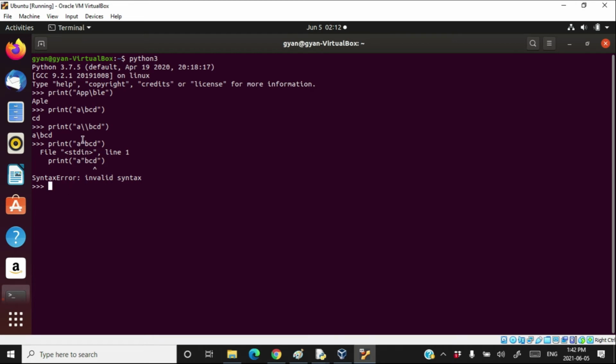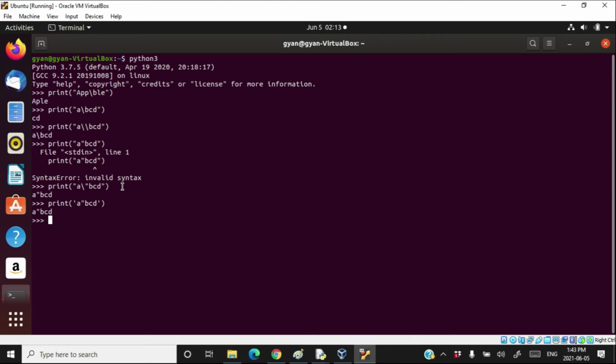Similarly, if you have to print a double quote here in between the string, then it will throw an error because two double quotes mean your string has ended at this point. So how do you print this double quote? To print it, you can put a backslash here. Backslash removes the special meaning of the double quote and you get your output. You can do it in another way also. Instead of enclosing double quotes, you can have enclosing single quotes, and that will allow you to print the complete string.